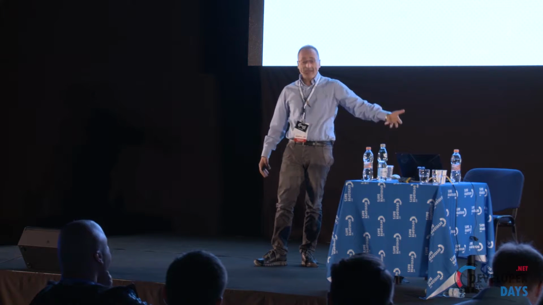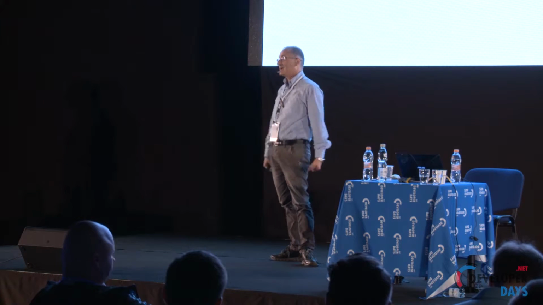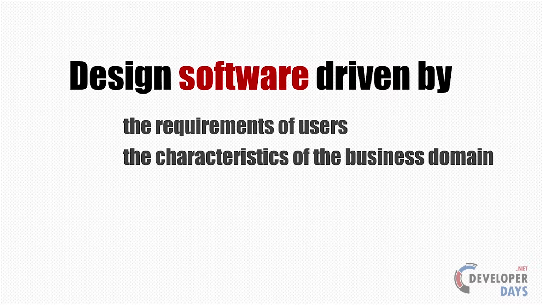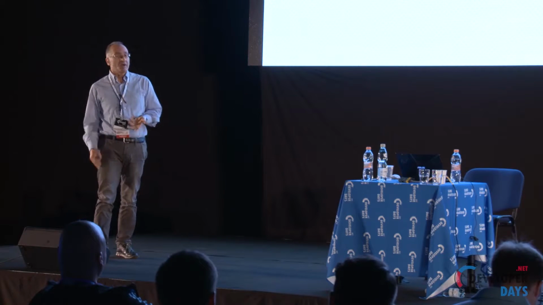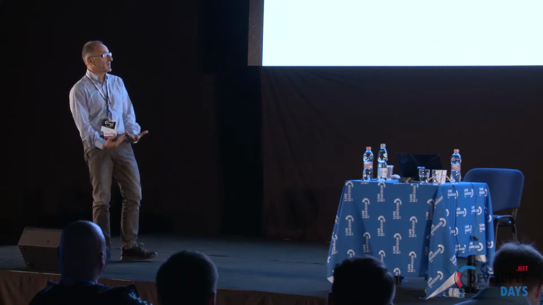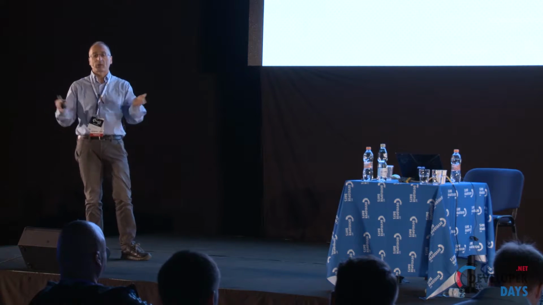And to make this happen, software ideally should be designed driven by something. Primarily, the requirements we get from users. And from those requirements, we should be trying to understand the internal mechanics, the characteristics of the business domain for which we are writing the software.